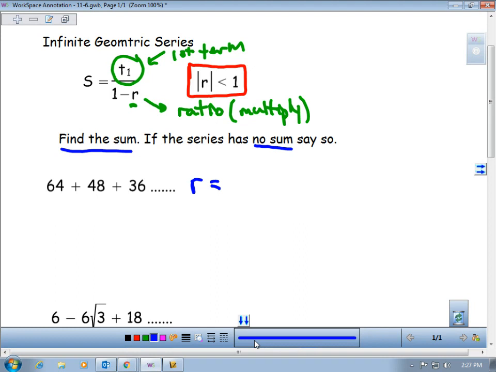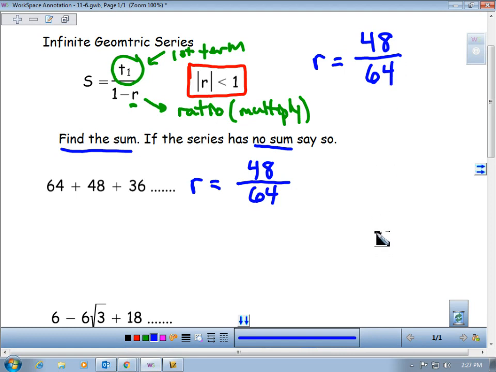You divide. What do I divide? 64 by 48? Opposite, 48 by 64. Yeah, 48 by 64. If you remember from last week, if you can't find your r very easily because the numbers are a little bit different, then you simply put your second term over your first term.